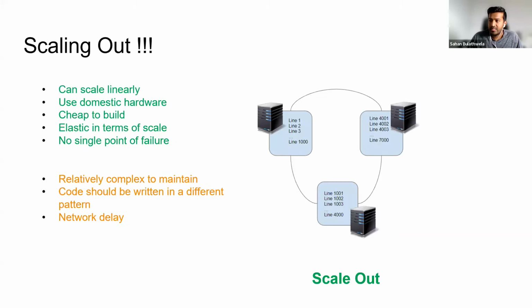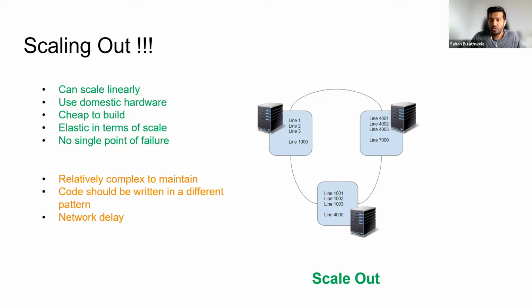And this is because there are some interesting benefits to this. One thing is you can scale your system linearly, which means when you want to scale your system, all you need to do is keep adding new boxes, and the only cost you are taking is the network complexity. You can also use commodity hardware, like computers that you can buy readily through Amazon or any other hardware vendor.